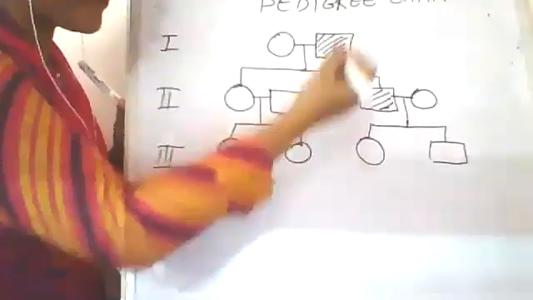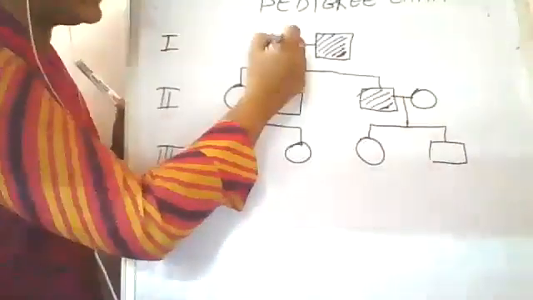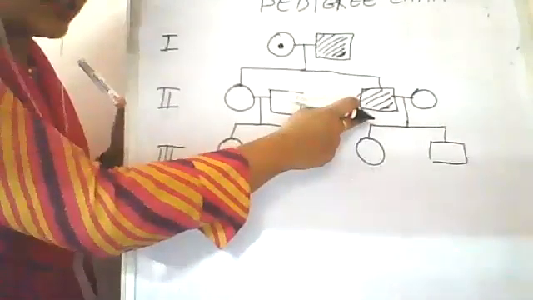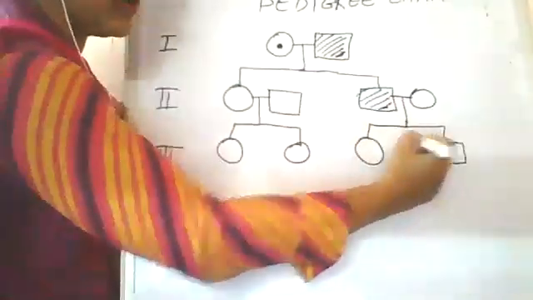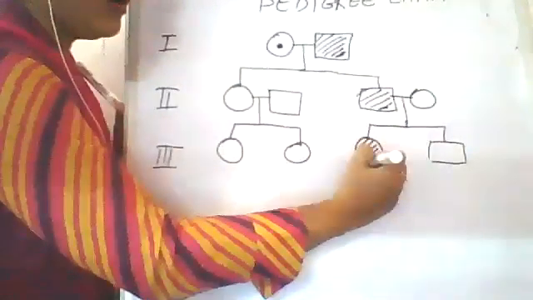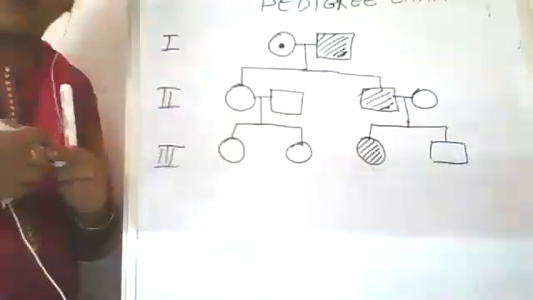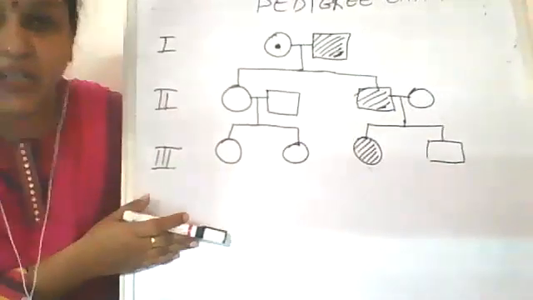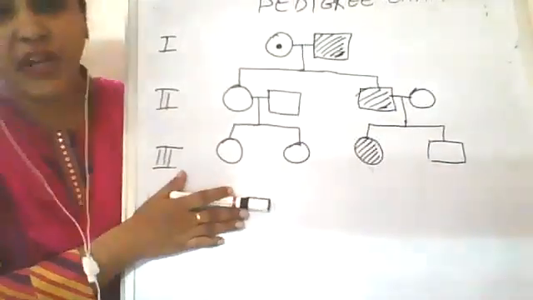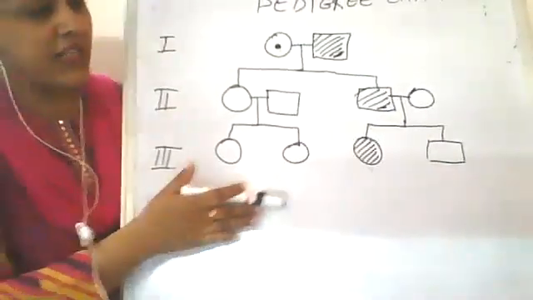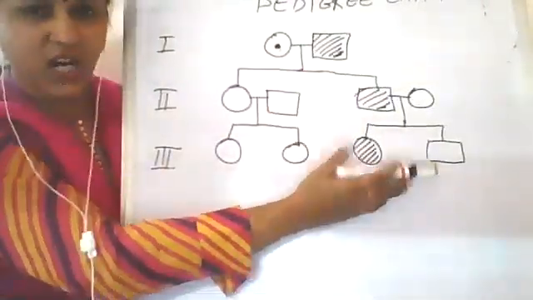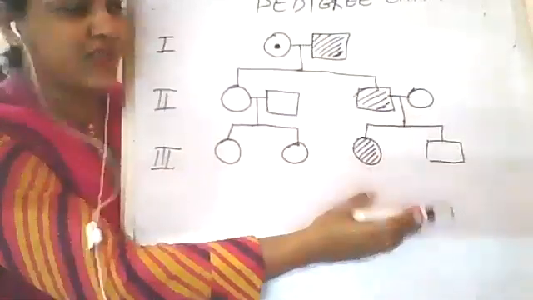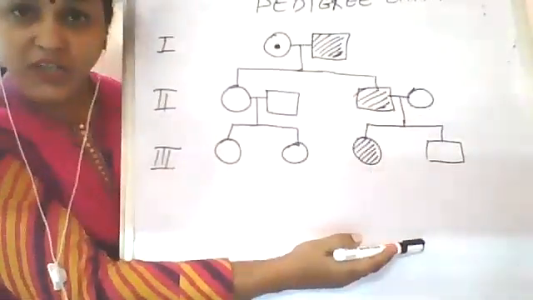Then maybe the gene was present here, your grandmother was a carrier, the gene went to your father, then out of your father's children, suppose you have a fused earlobe, your brother has a free earlobe. So this is how you depict a genetic character in a pedigree analysis, and this is how you make a pedigree chart. With the help of this chart, we can try to predict what characteristics will be present in the fourth generation.